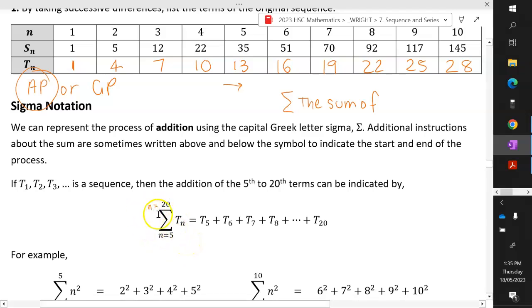We just don't pop the n equals on the top. And we're going to sum from 5 to 20 all our terms. So I'm popping 5 in where there's an n. I've got term 5, and I'm going to add to that my next n value. Term 6, term 7, etc. all up to our final term, which is term 20.